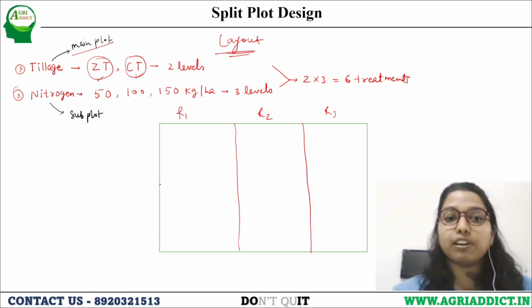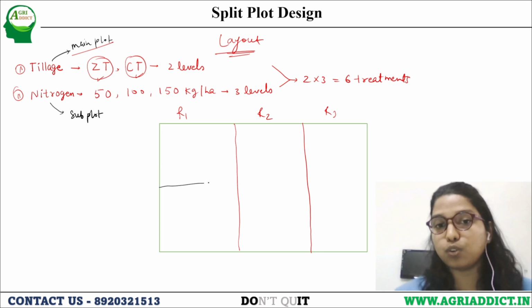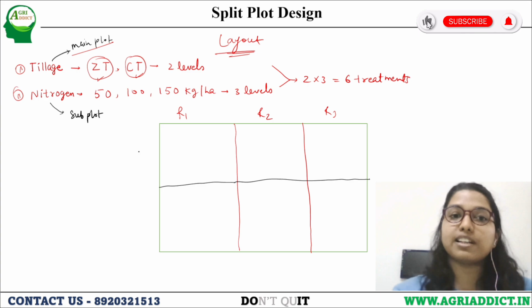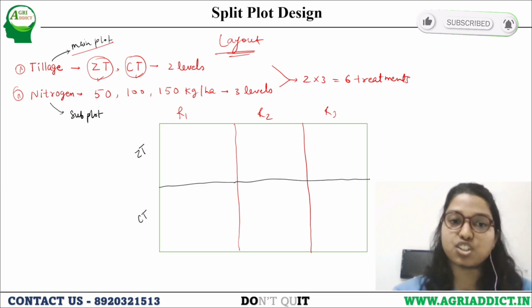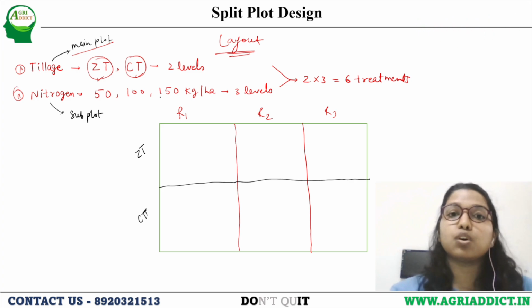First we will divide this replication into 2 halves because this main plot has 2 levels, so we have to divide this field into 2 parts. In the first, we are putting zero tillage. In the second one, we are putting conventional tillage. So we have completed the allotment.